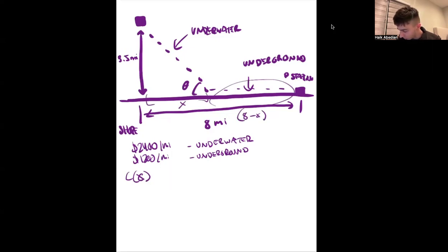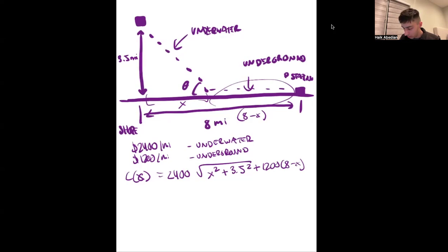We have our 2,400, and we're going to multiply this with the square root of x squared plus the 3.5, the distance to the island, squared, and add it to our 1,200, which is our underground cost. I'm going to multiply this with the distance, so 8 minus x. That is our function so far.